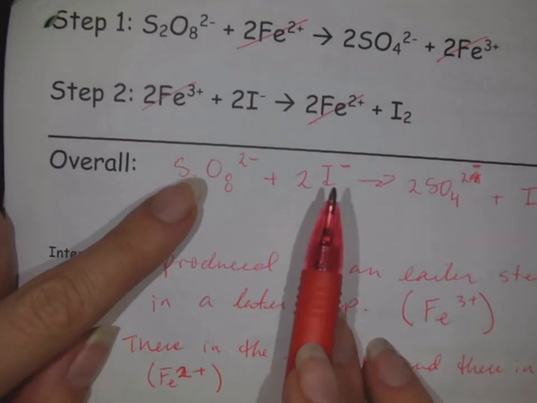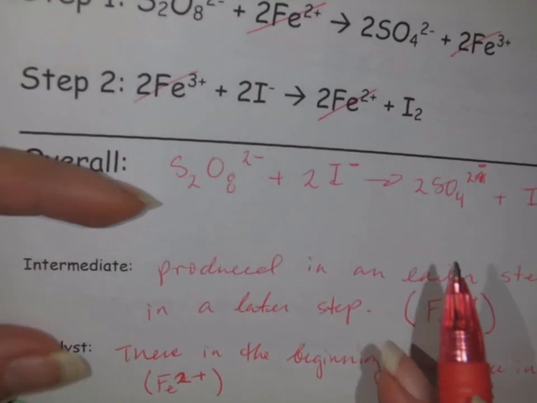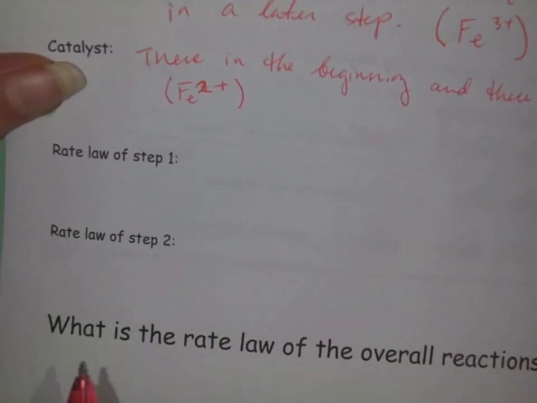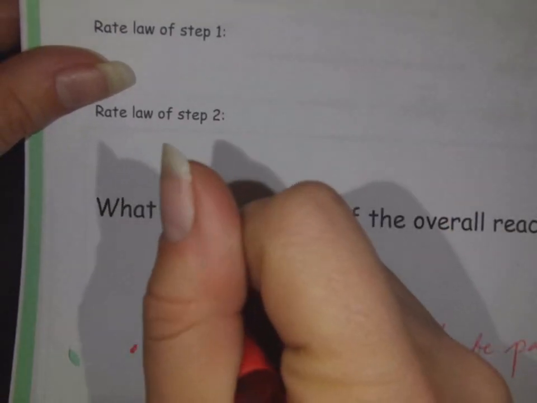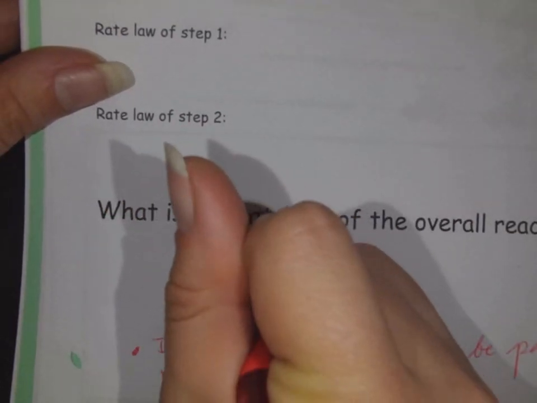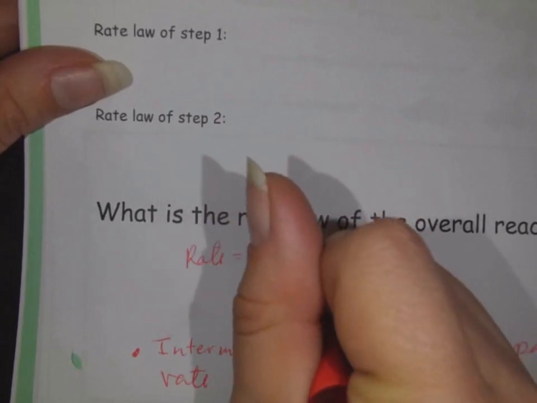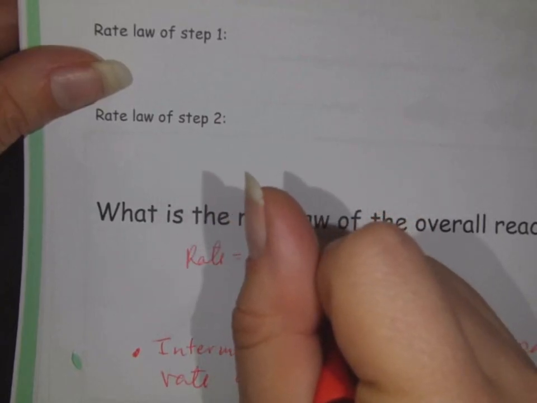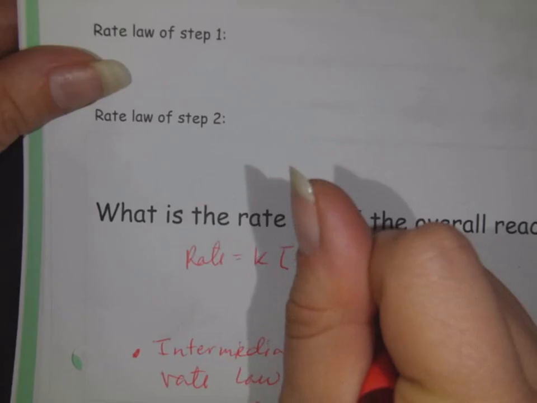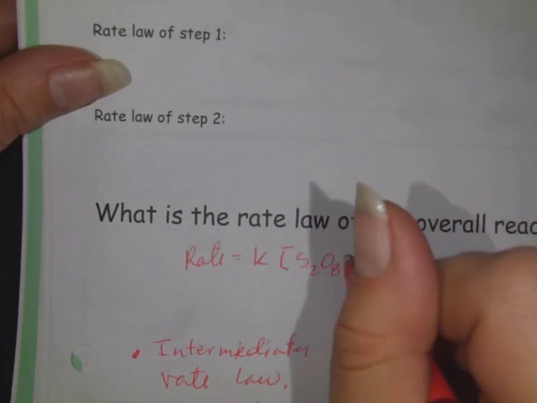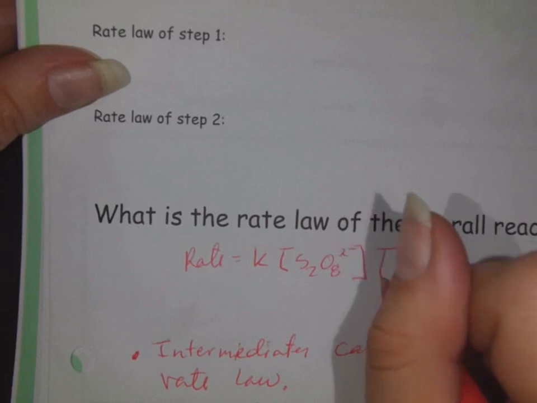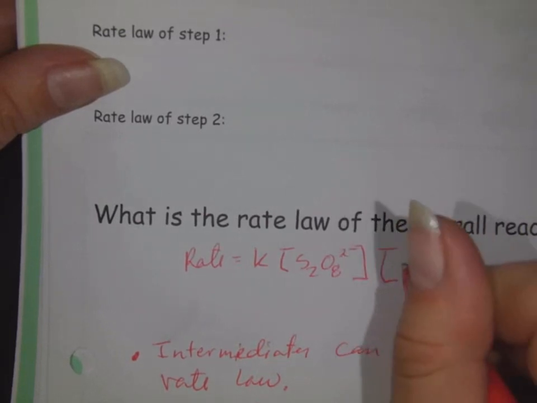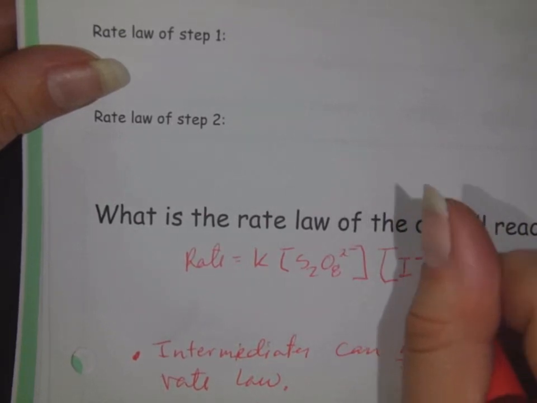So if I was going to set up this rate law for that overall reaction, I would have rate is equal to K, concentration of S2O8 2-, and then concentration of I-.